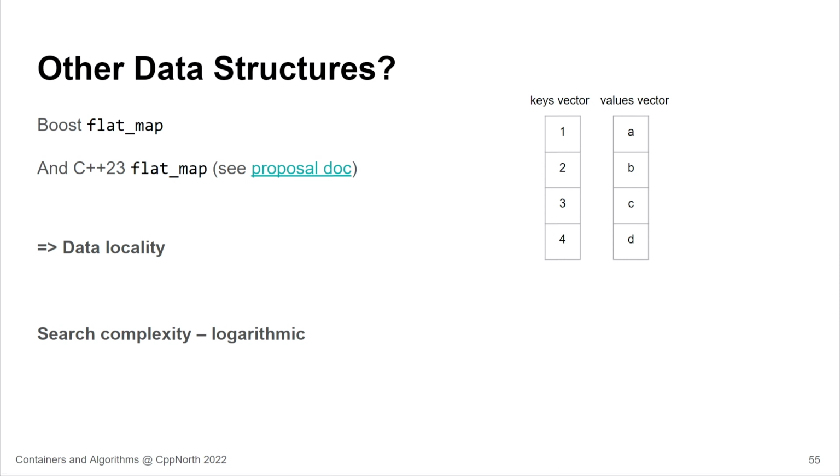And data locality is quite important. So we still don't have it in the language, but we would have in many cases where you actually iterate over keys or iterate over values. In a way, it resembles the idea of structure of arrays instead of array of structures.